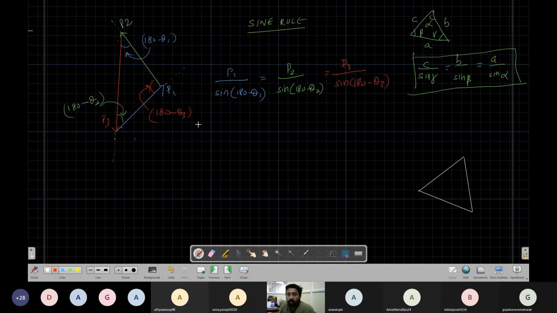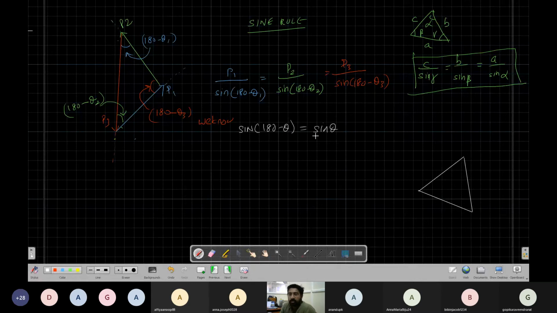Now we know sine of 180 minus theta is equal to sine theta. You can check in your calculator.